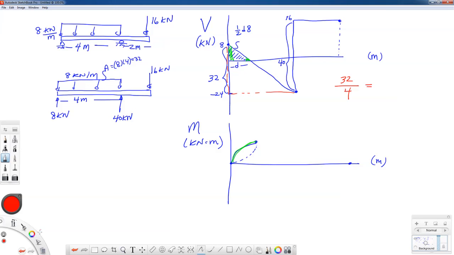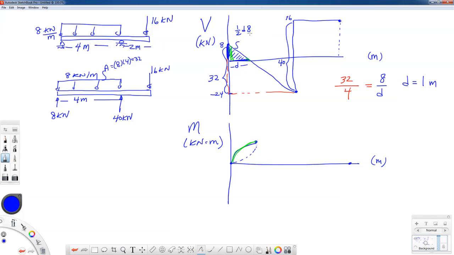That's going to have the same proportions as the smaller triangle that has dimensions of 8 by d. There's our similar triangles again. So if I cross multiply, I can find that d is going to end up being 1 meter.